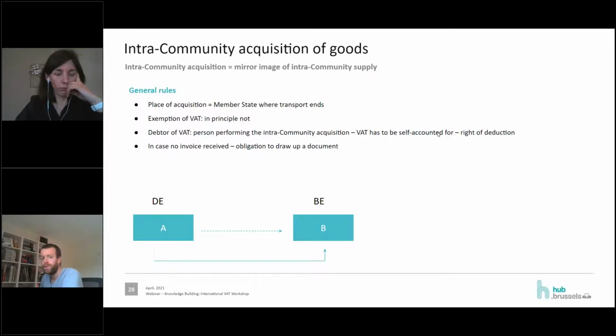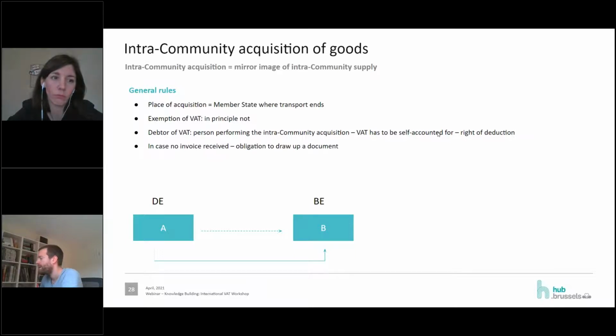The debtor of the VAT is the company that is performing the intracommunity acquisition of the goods. In this case, the customer that is receiving the goods in Belgium will have to pay the Belgian VAT by a specific mechanism, because it's not a local reverse charge this time, but what we call the EU reverse charge.